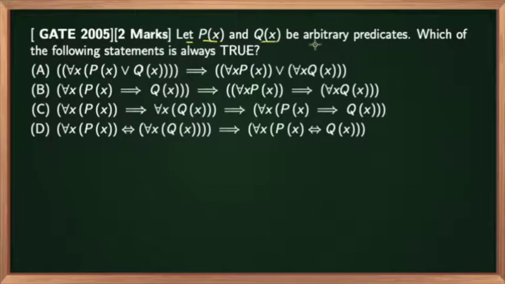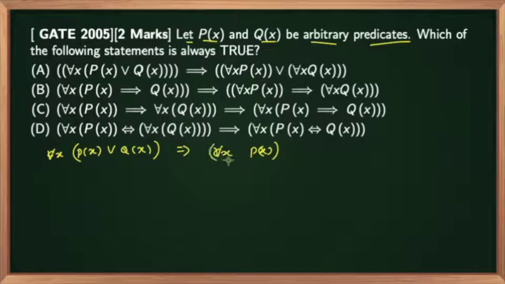Let P of x and Q of x be arbitrary predicates. Which of the following statements is always true? Okay. So what we know is we say predicate is valid. For example, if you take the choice A, we have for all x, p of x or q of x implies for all x p of x or for all x q of x, right?